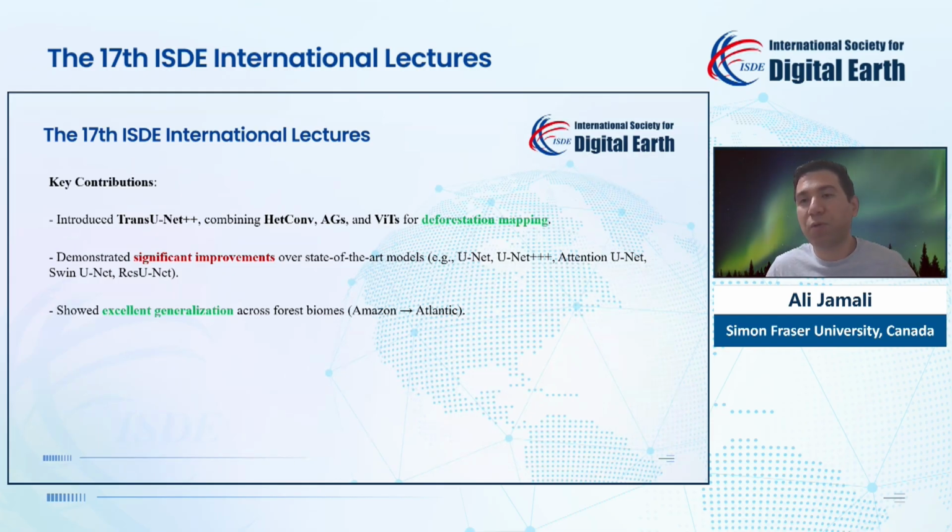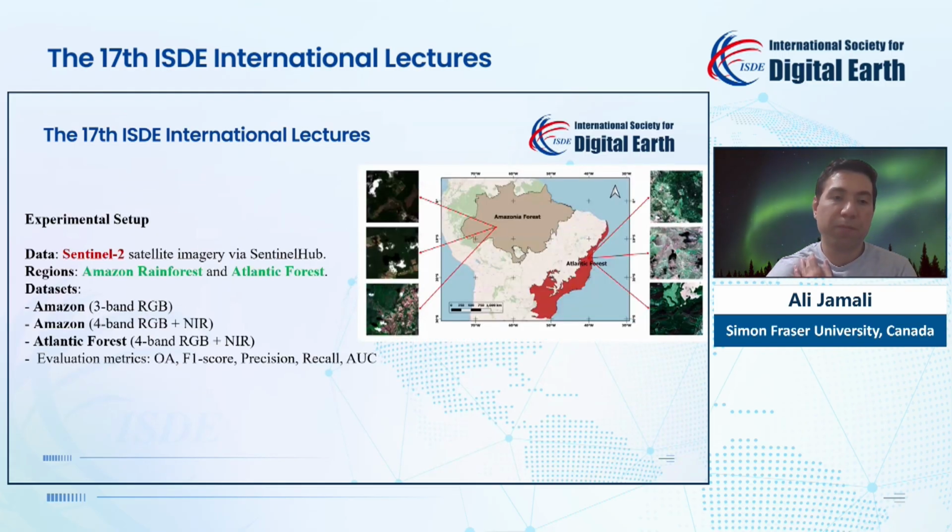So the spectral information is diverse, and it won't be similar. We used the data from Sentinel Hub. We had 3 data sets: 3-band RGB from the Amazon, 4 bands of RGB plus near-infrared from the Amazon, and 4-band RGB plus near-infrared for the Atlantic forest.